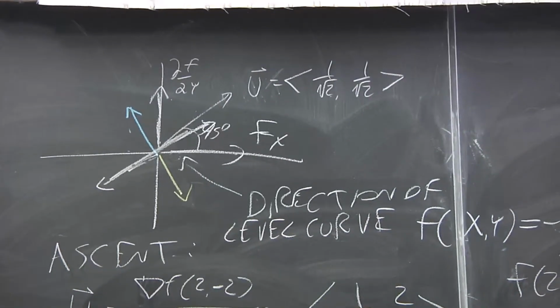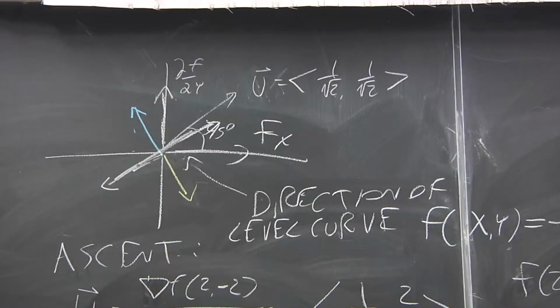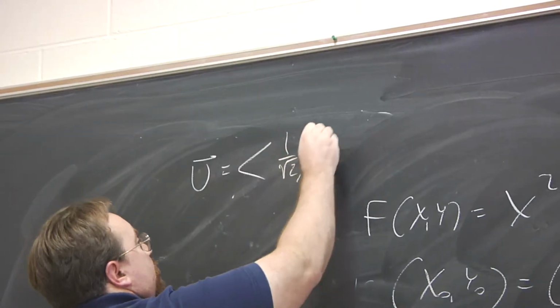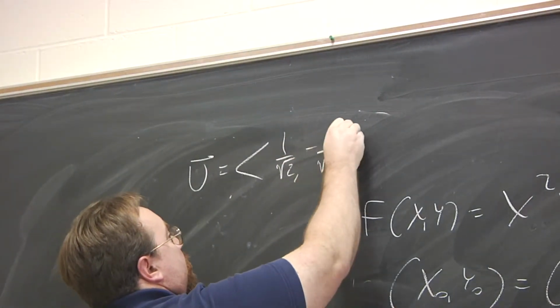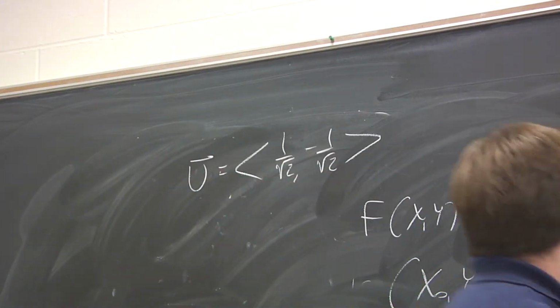Whereas if we have some other direction, let u be equal to, say, 1 over square root of 2, minus 1 over square root of 2. So that would be this direction right here.